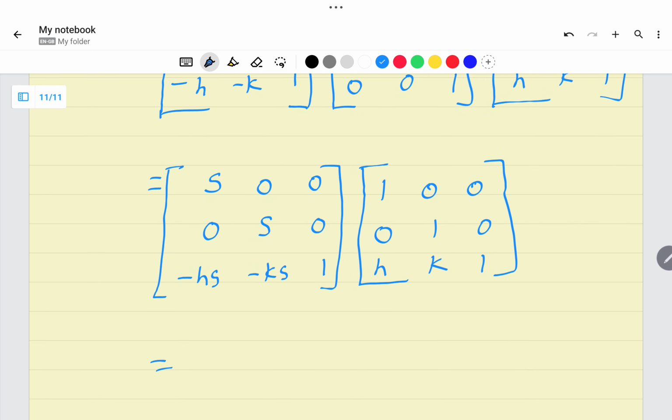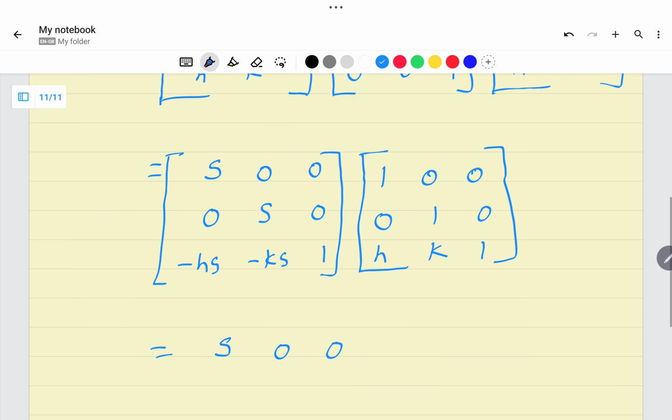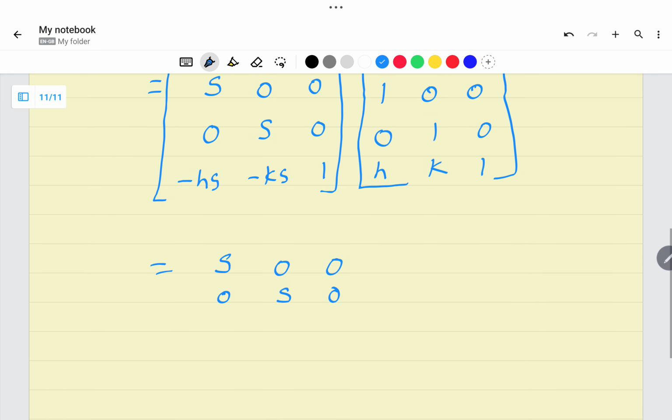This is giving us the final matrix: s 0 0, 0 s 0, minus hs plus h, minus ks plus k, 1. This is all about composite transformation.